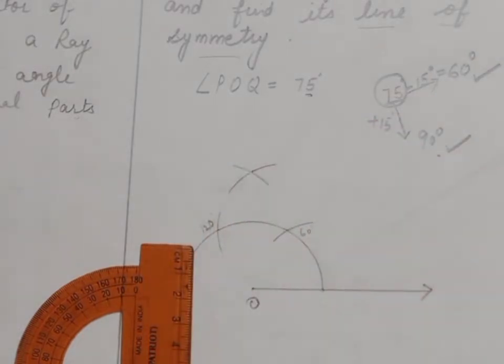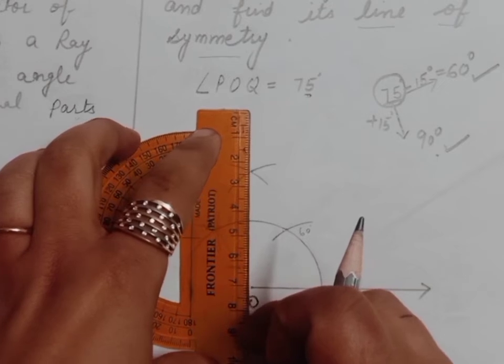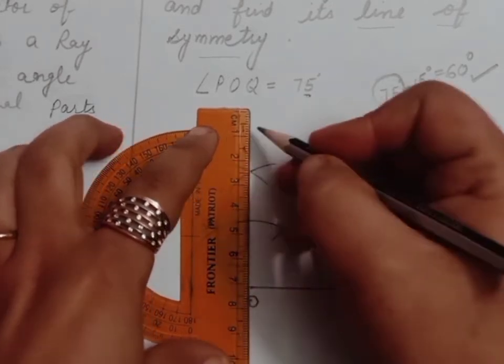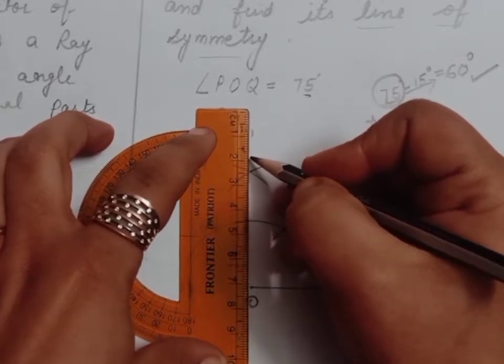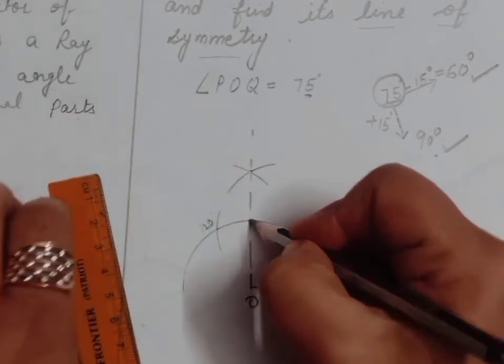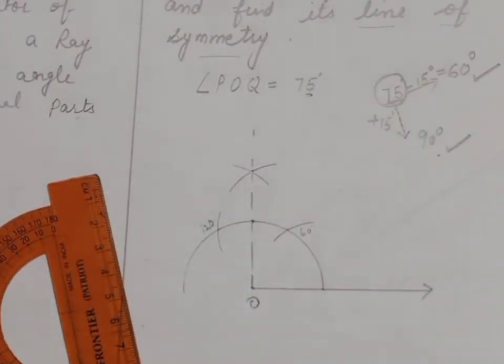So first we will find the point of 90 degree on the semicircle. For this I will draw this dotted line and join the two points. Now you got one point of 90 degree on the semicircle.